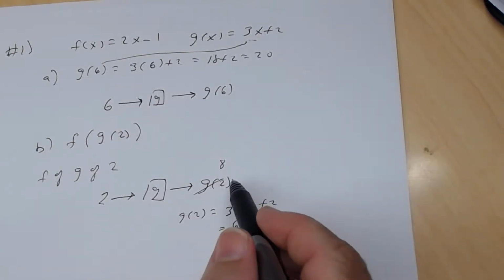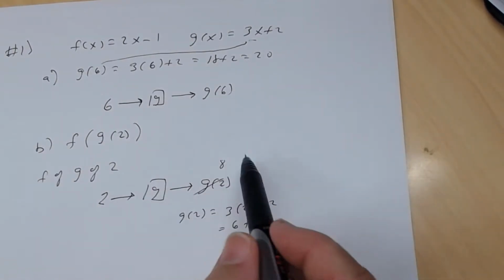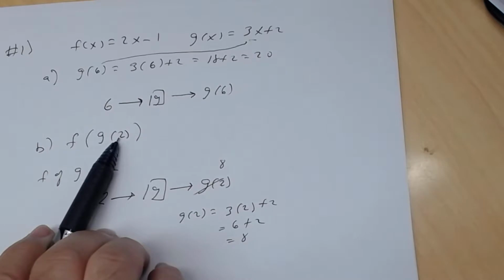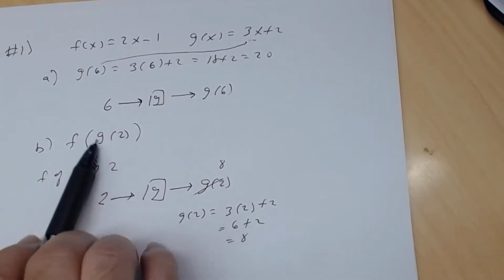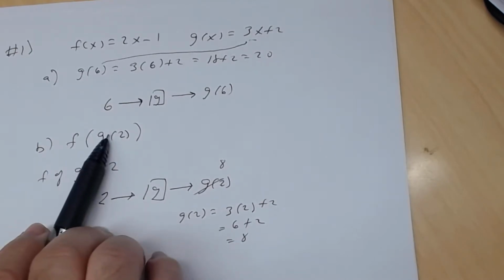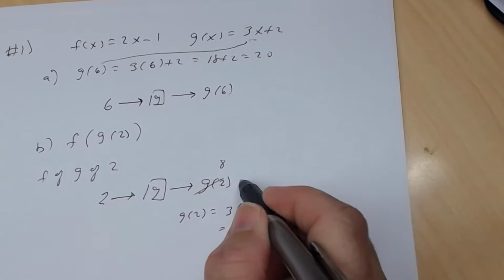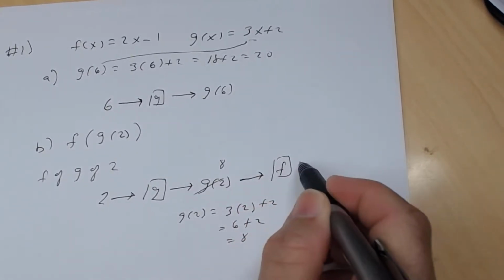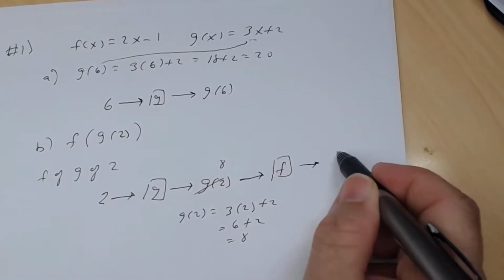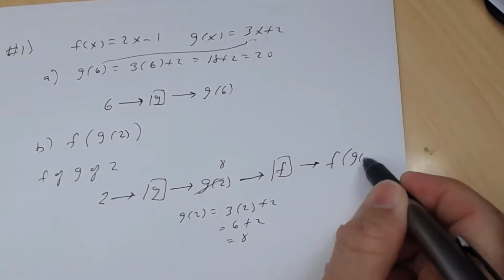Okay? All right, now what that says here is this. Remember, I take my function, I input the number 2 into my function g, and I'm going to get some output called g of 2. But that output is going to be an input into f. So I'm going to take that output and put it into the function f, and I'm going to get some output now called f of g of 2.